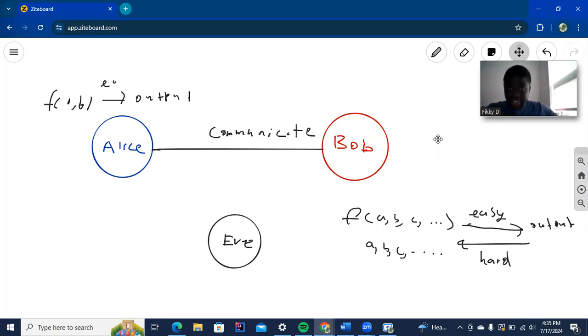Because obviously you don't want to do so much work just to make something confusing. It would be ideal for the information that Alice and Bob are exchanging to be very easy to obfuscate. I'm just going to use the word obfuscate.